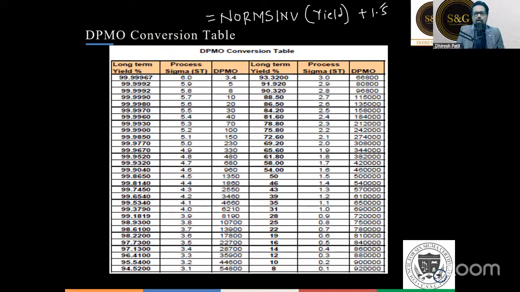You can just use this formula. What is the yield in this case? 97.46, correct. So this is in percentage, right? So better you convert it into 0.9746.